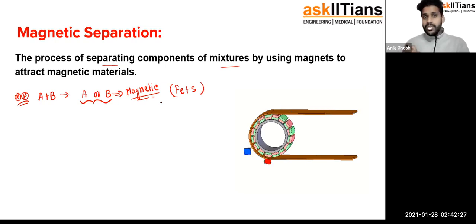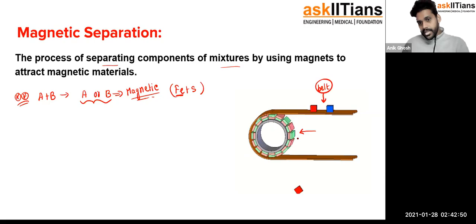How would you be able to separate them out? We know that iron responds to a magnet, right? Now the thing that you can see over here, the rolling thing, is a belt.